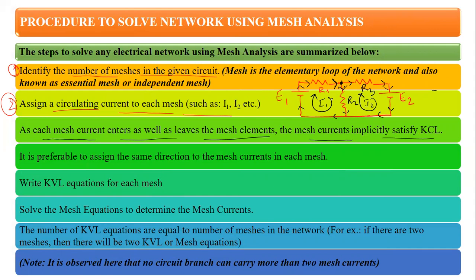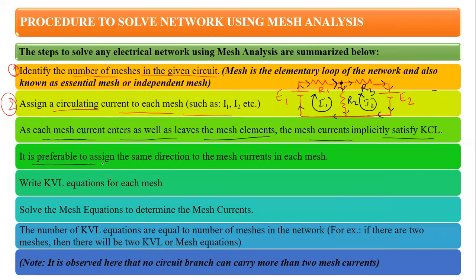So while solving a network using mesh analysis or KVL, KCL is also satisfied. It is not that when we are solving a network using KVL, we do not follow KCL. It is followed by default.